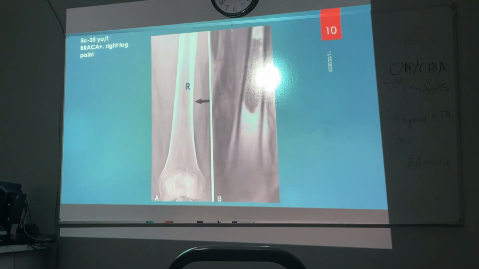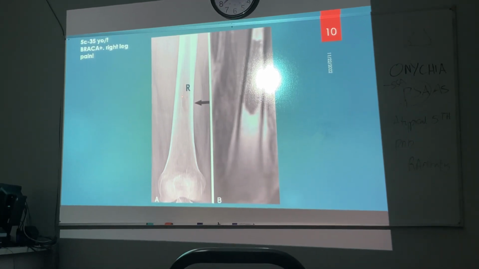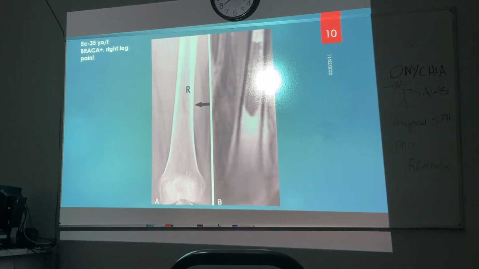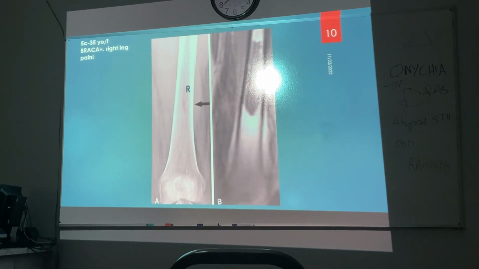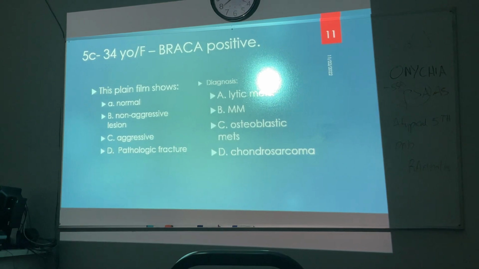All right, not a whole lot to be seen on this, but BRCA positive, okay? So I can hallucinate 1, 2, 3, 4, 5 little spots, doesn't matter. This is bigger, okay? There's bone marrow edema. The size already in combination with this, in combination with BRCA, this is aggressive. Okay? And then just some choices.